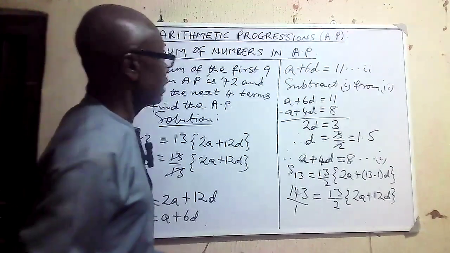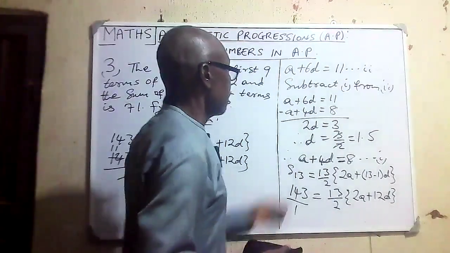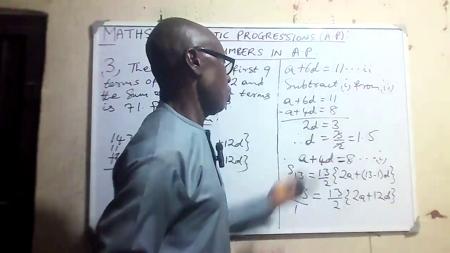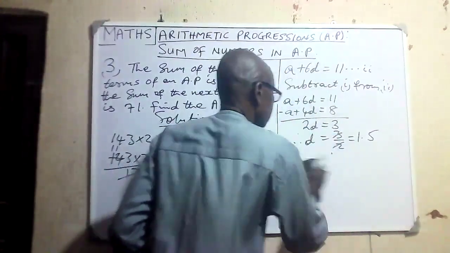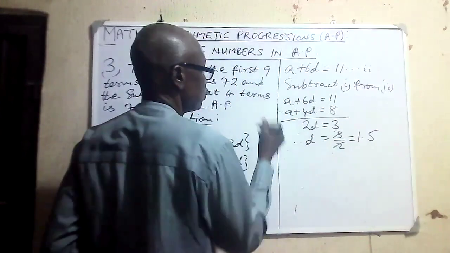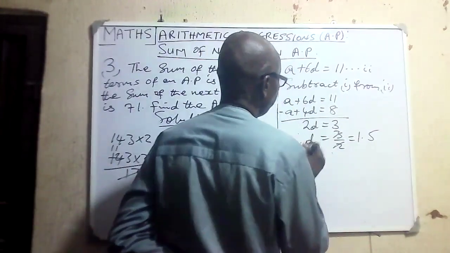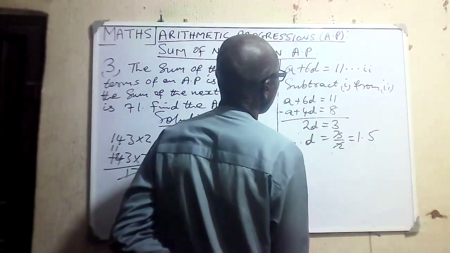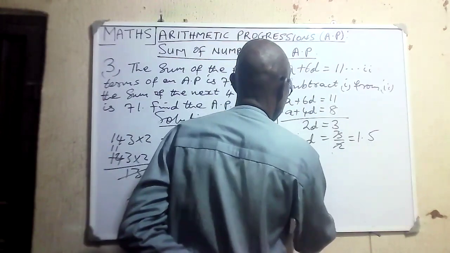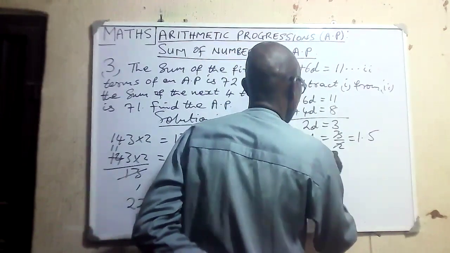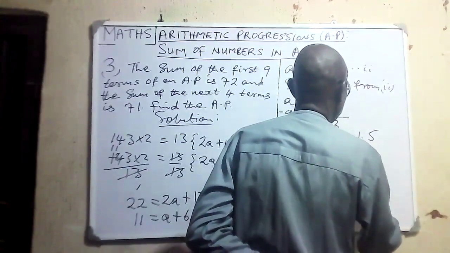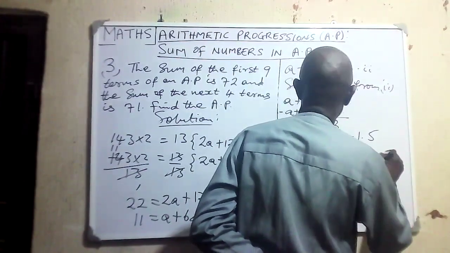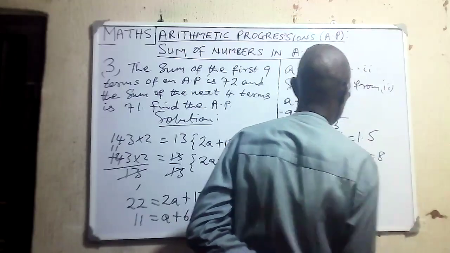We have to go back to find a by substituting this value or leaving it as 3 over 2. So to move on, we substitute in equation 1 or 2, any one. From 1, we know that a plus 4d is equal to 8.